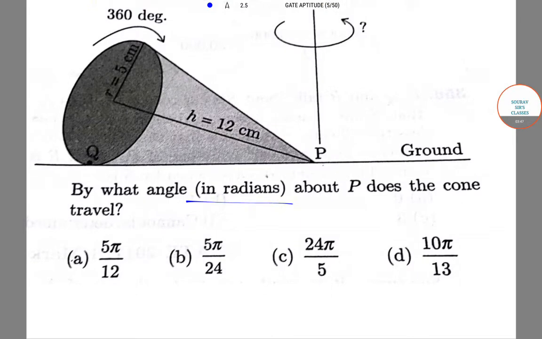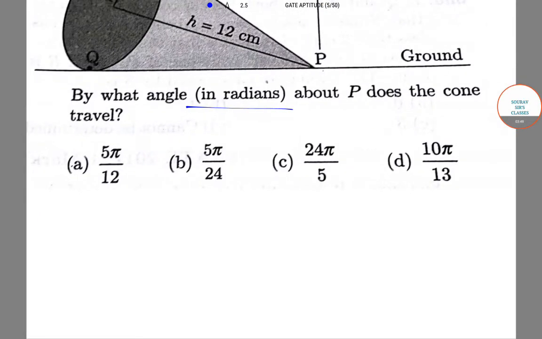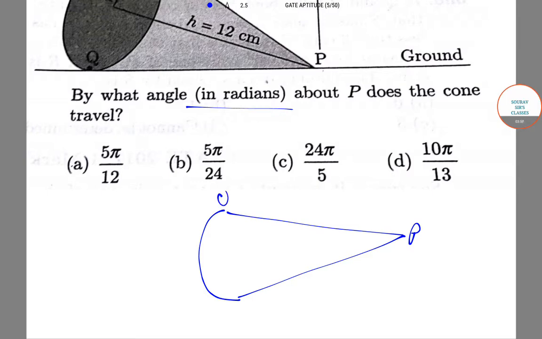So, if we consider this diagram, and let L represent the slant height of the cone.